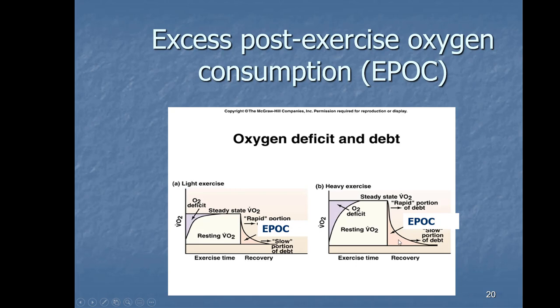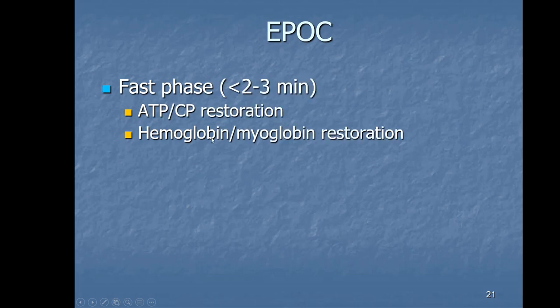And where it's that more slow decrease, that's the slow phase of EPOC. The mechanisms for the fast phase, which is the first 2 to 3 minutes, are due to replenishment of ATP and creatine phosphate that requires oxygen, and also restoring hemoglobin with oxygen and myoglobin in muscle with oxygen. That all happens quickly, so that's the first few minutes.